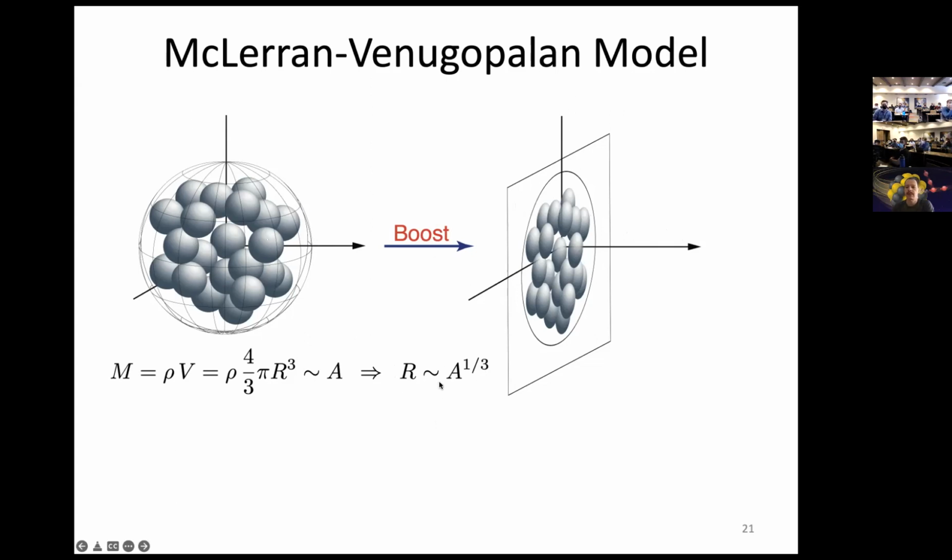And then you can do a very basic undergraduate level nuclear physics to argue that the radius of the nucleus scales as A to the 1/3, where A is the number of nucleons, just because the density of nucleons in the nucleus is roughly constant with atomic number.